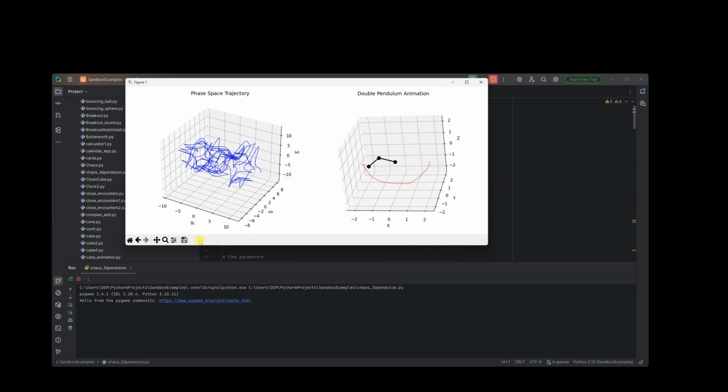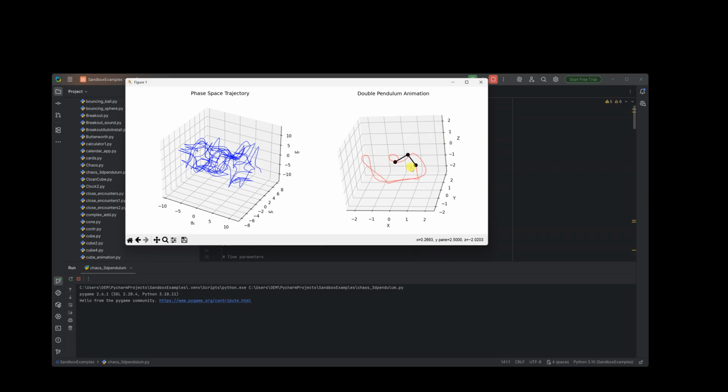I did ask for this, but I'm not sure anybody's ever done this before, but this is a two-dimensional phase space trajectory. You normally don't do this because it's a three-dimensional phase space trajectory. Normally it's two-dimensional, like I showed you earlier, but this is the position of theta 1. It doesn't say what theta 1 is.